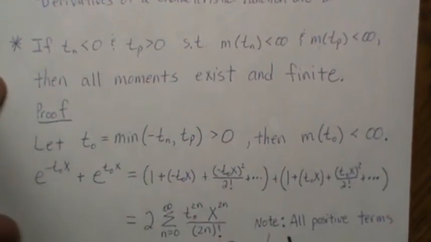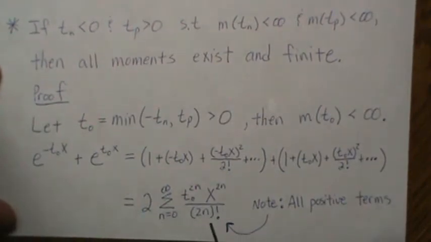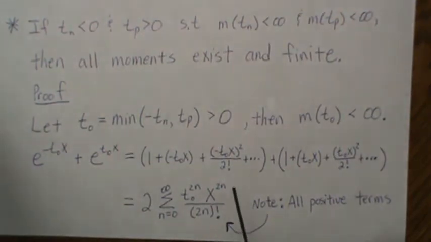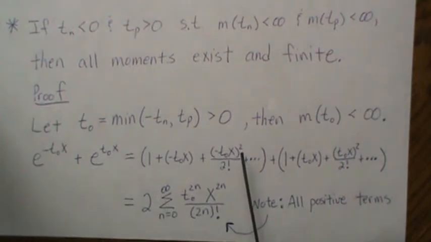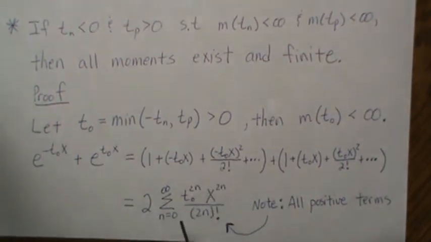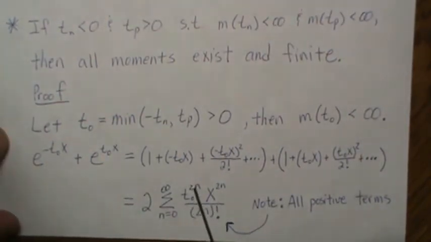So every other term drops out, which is this. We're adding the even exponents. So this can be thought of as something to the 0, so that's why it's 1. But note, every term here is positive.